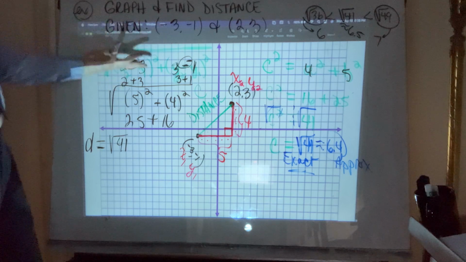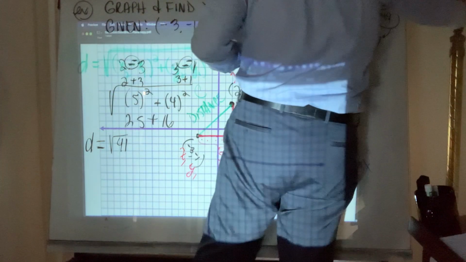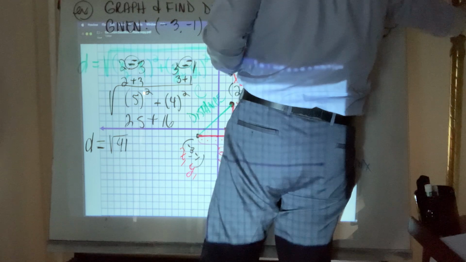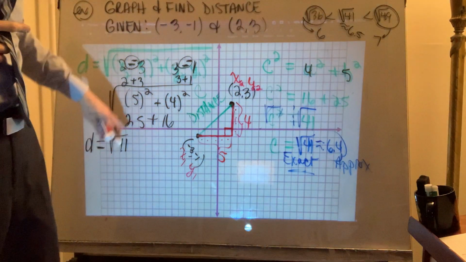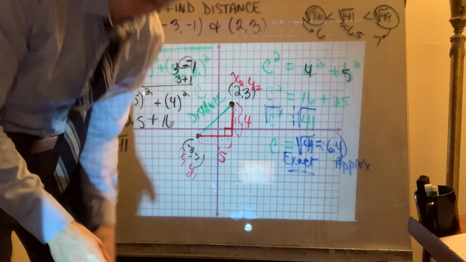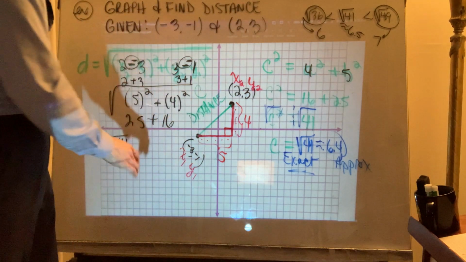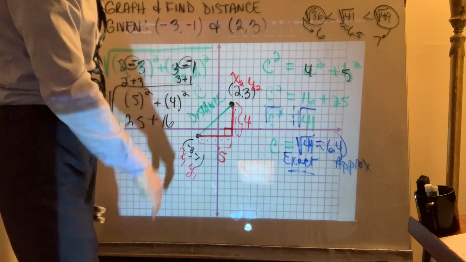Now, as a second part to this, and maybe I'll put the light back on. Let's say, using the exact same coordinates, you find the midpoint, right? That would be pretty hard to do even if you were eyeballing it on graph paper.